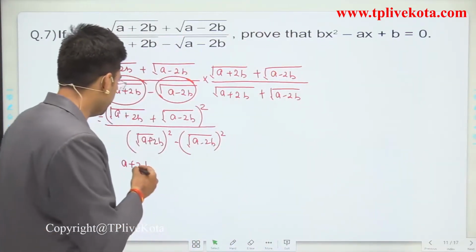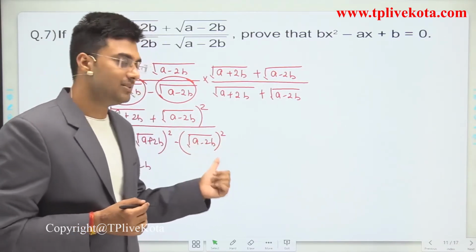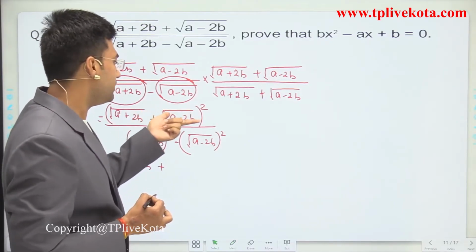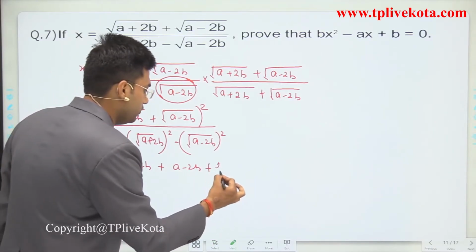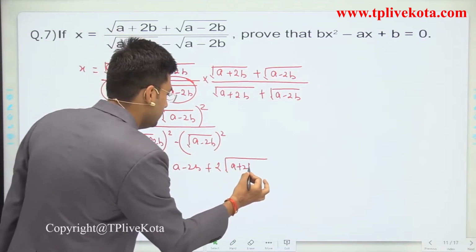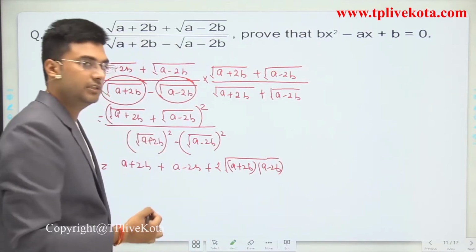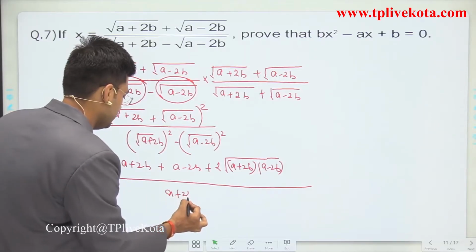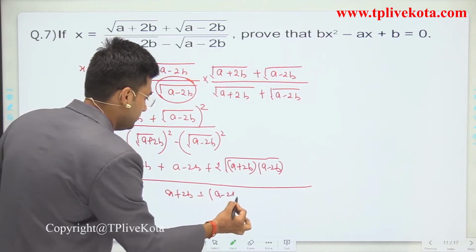So here we will get a plus 2b, because the square of root a plus 2b is a plus 2b, plus the square of root a minus 2b is a minus 2b, plus 2 root a plus 2b multiplied by a minus 2b, clear, divided by a plus 2b minus a minus 2b.